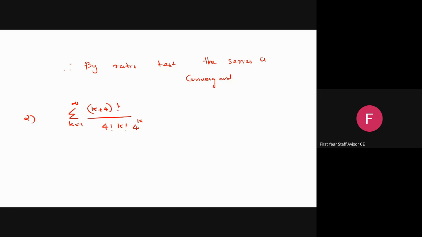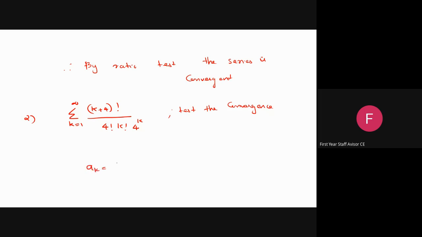Here it is a factorial type question, so we use the ratio test. Test the convergence of this. Take a(k) as the given series.